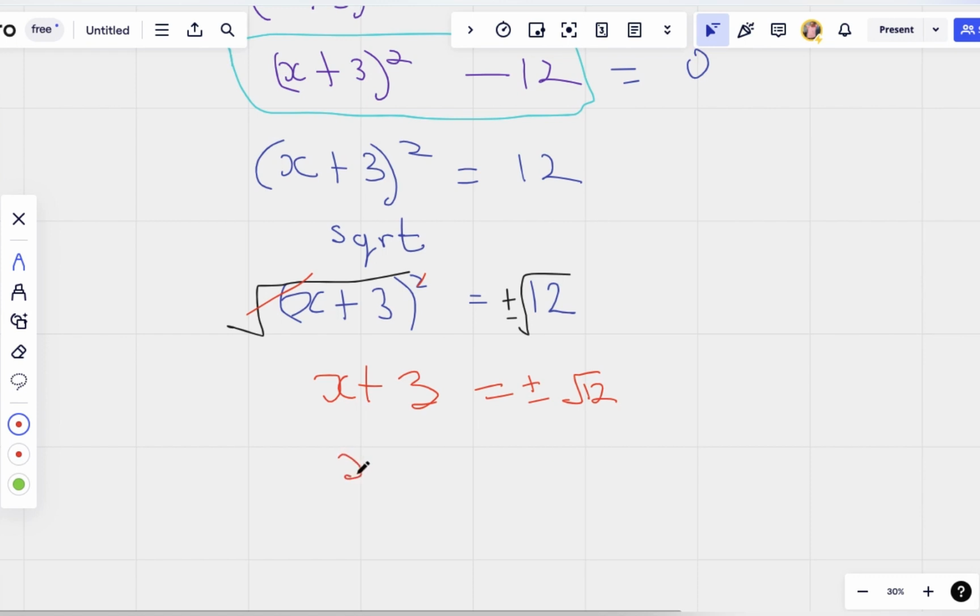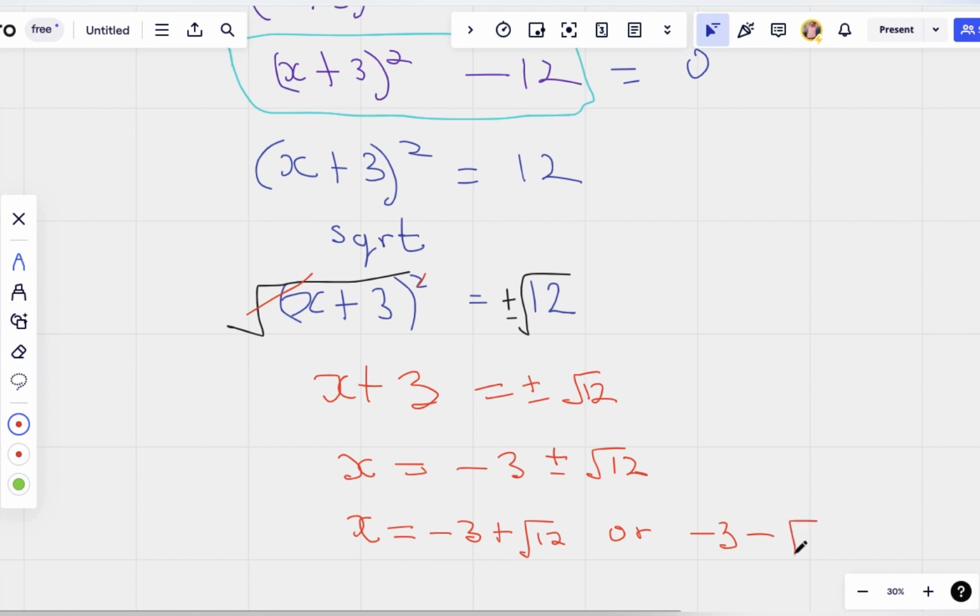And then you have x, while I'm waiting. x equal to, I move plus 3 to the right, becomes minus 3, so it becomes minus 3 plus minus the root of 12. So our answer will be x equal to negative 3 plus the square root of 12, or negative 3 minus the square root of 12.